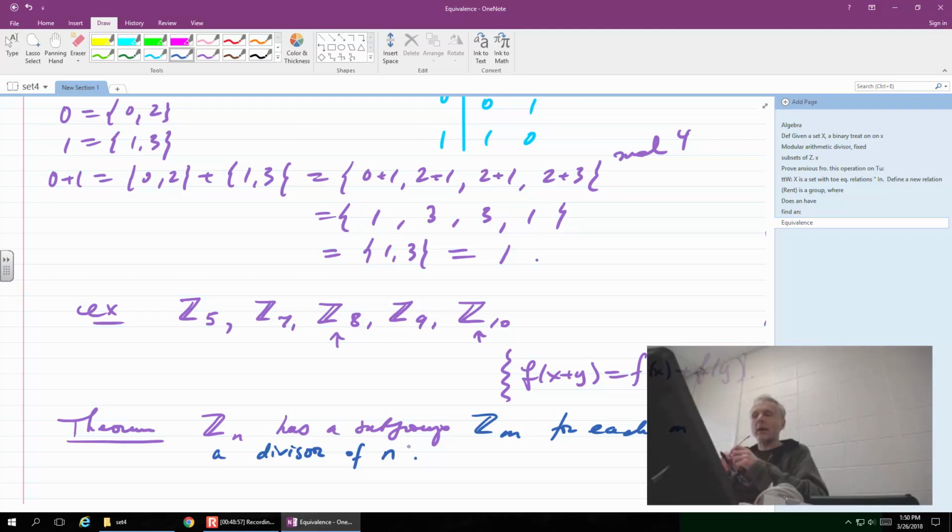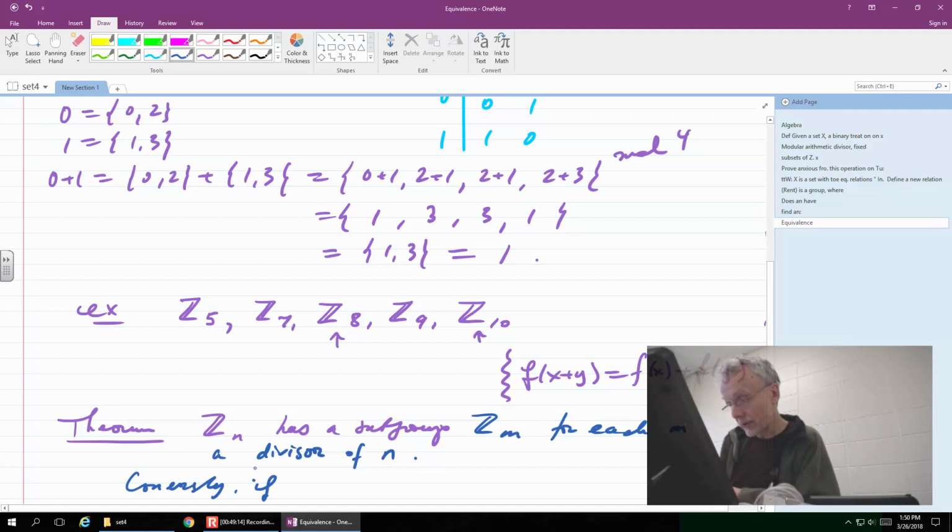Just because there is a subgroup for each m, does it mean that there are no other groups? And the answer is no. So conversely, there is nothing else.